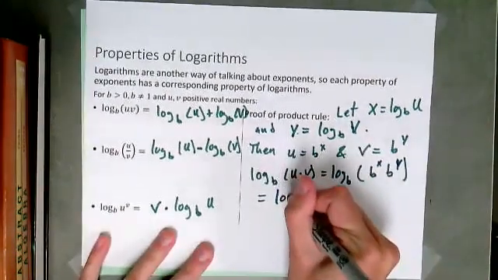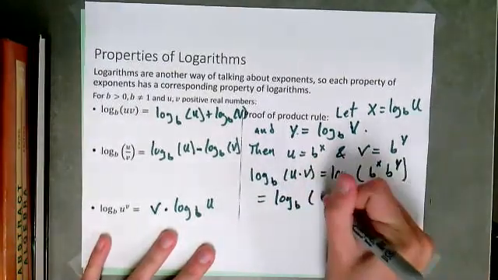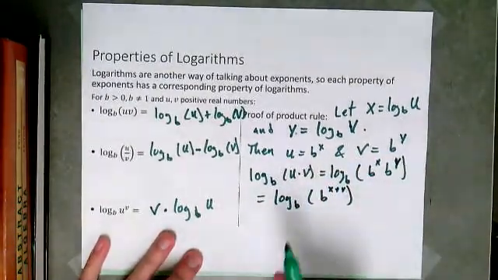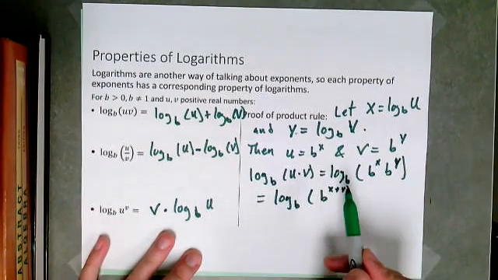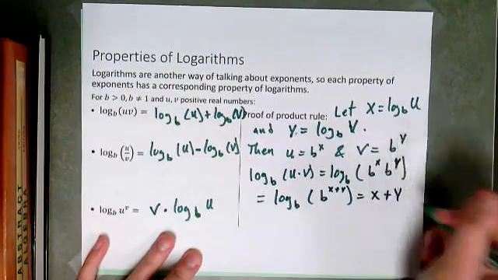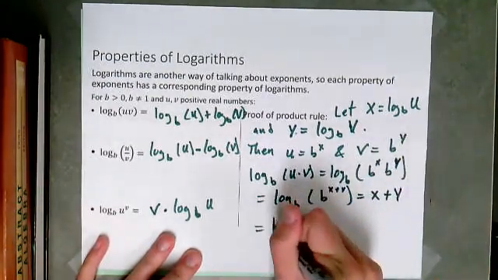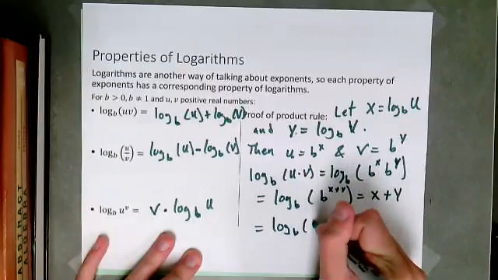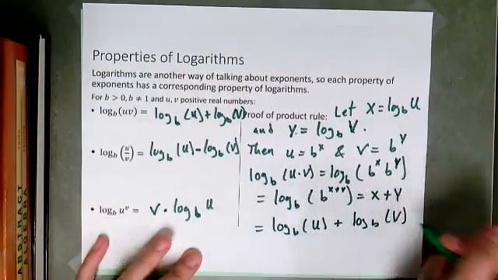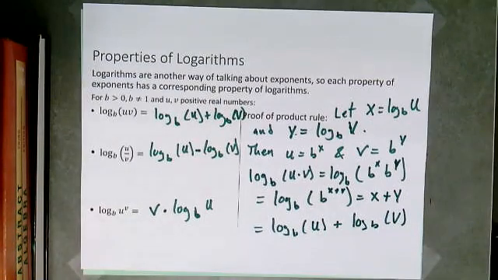This is log base b of b to the x plus y. Log base b of b to some exponent. From last time, we know that this is just equal to x plus y, which is log base b of u plus log base b of v. So it works out. It checks out.